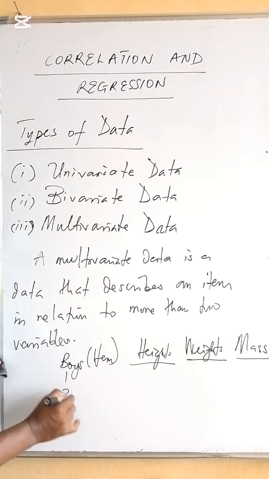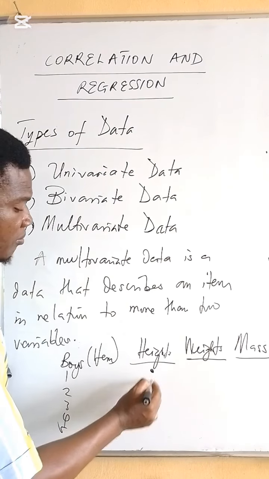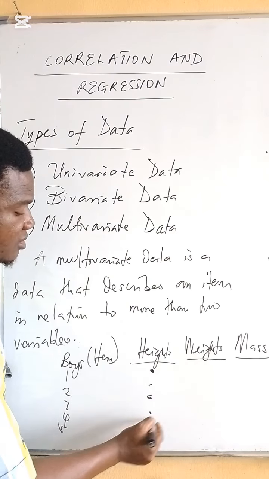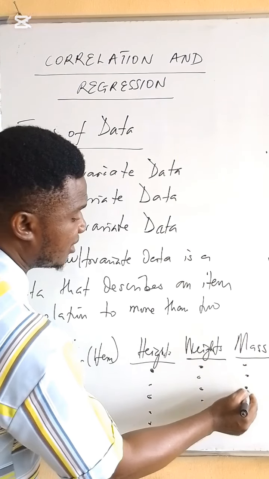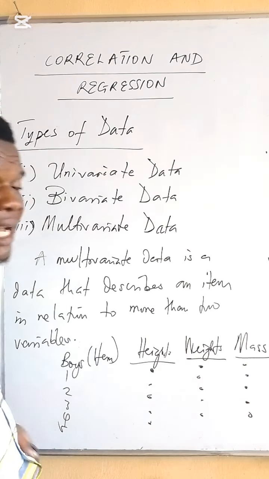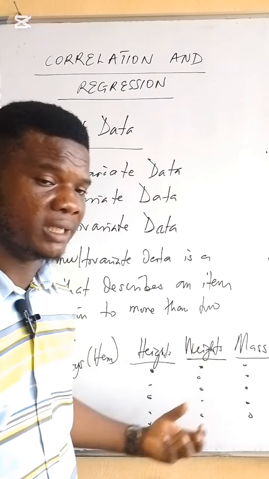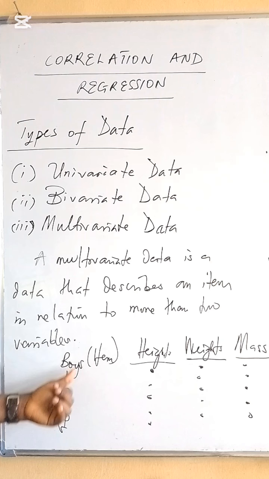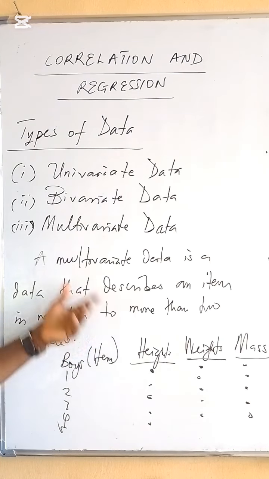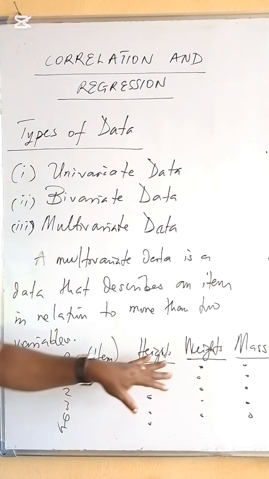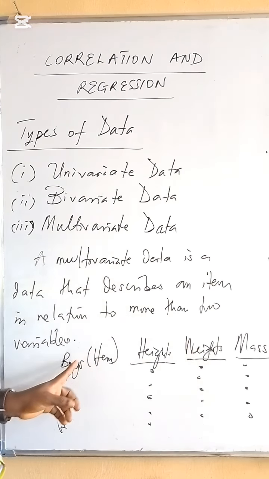So if there are 5 boys, 1, 2, 3, 4, 5, like we took previously, you end up having measurements of weight for the 5 boys, measurements of height for the 5 boys, and measurements of mass for the 5 boys. That is just an illustration. Now, these 3 variables would constitute a multivariate data, because in this case, we are looking beyond 2 variables in relation to an item.